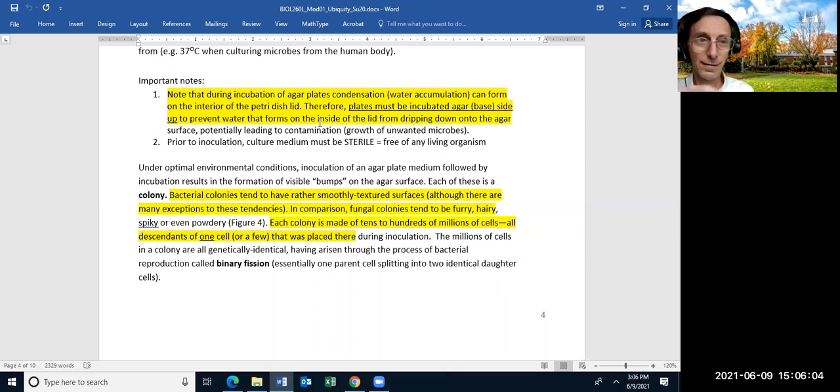Let me try red. Yep, red shows up. So this is the top, and this is the bottom. For some reason, the top's showing up better than the bottom. Anyways, what we do is we incubate this upside down.